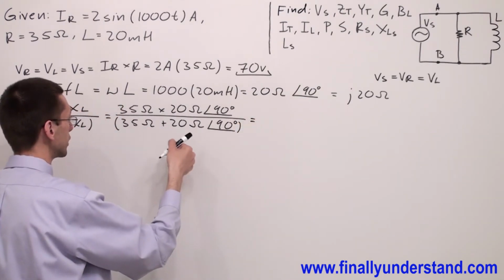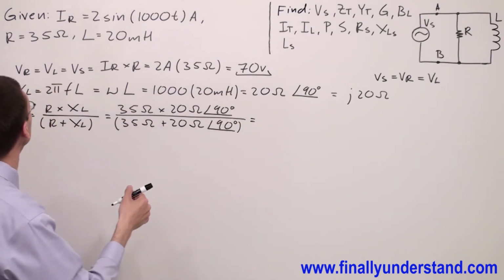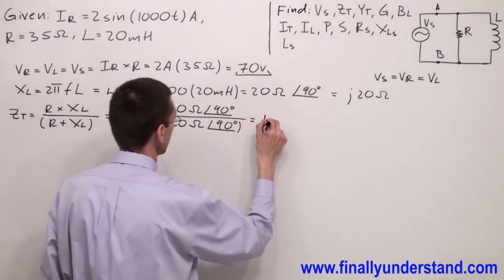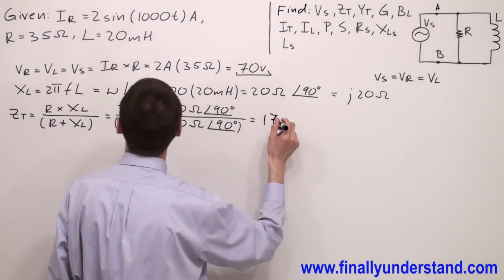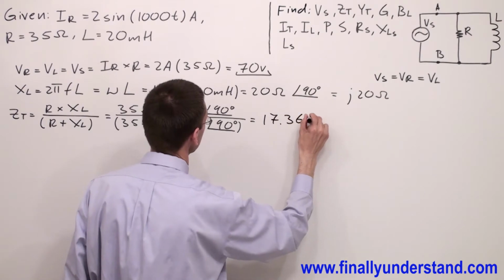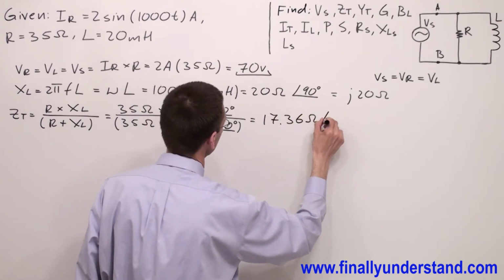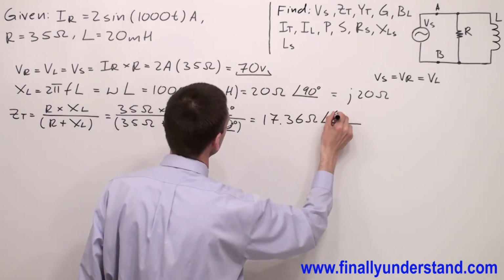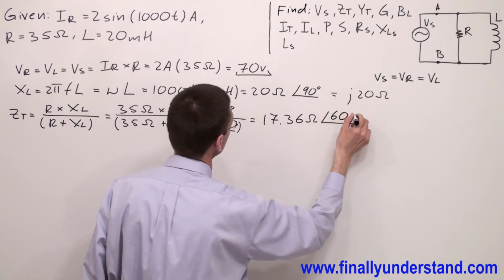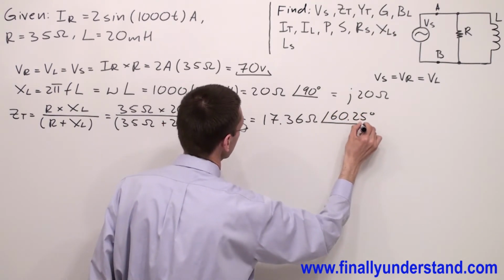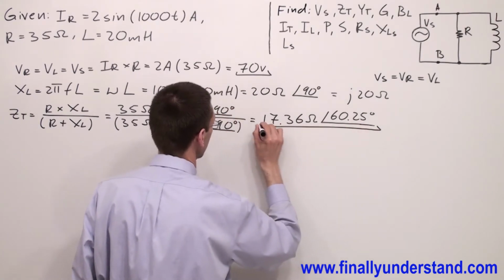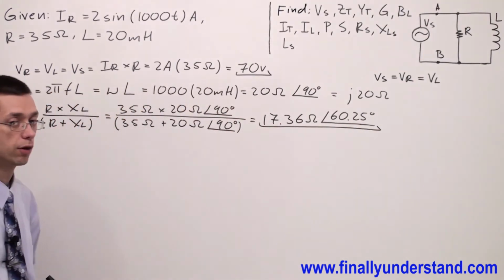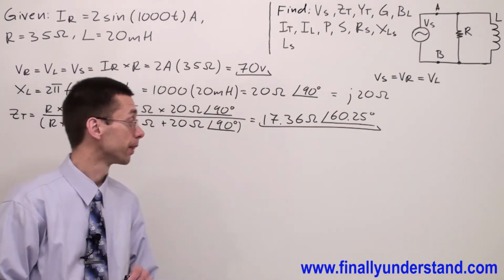Plugging these values into the calculator, you're supposed to obtain the value of 17.36 ohms and angle of 60.25 degrees. So this is the value of my Z total.